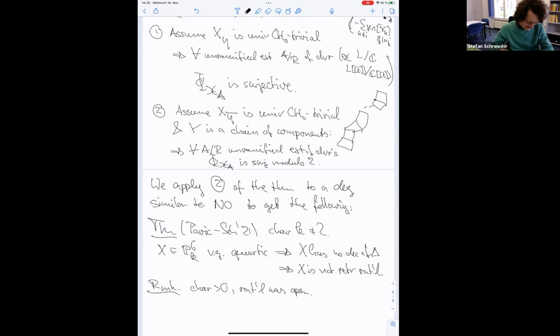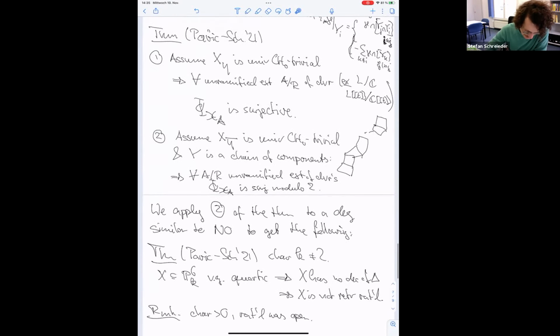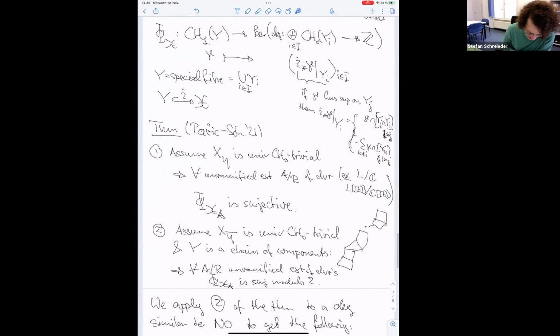Okay, so I think I'm already over time. So let me stop with one more remark here. So there are two remarks. So yes, I don't have time to prove that theorem, but 2 follows from 1 by looking at what base changes do.